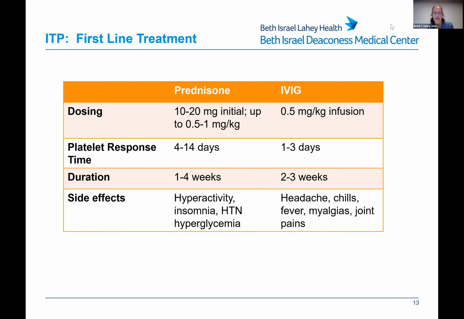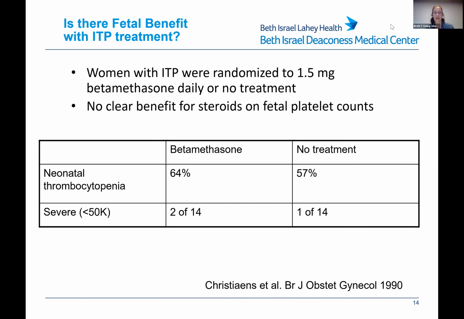And there are some patients that we know based on prior experiences that either IVIG or prednisone will work better. Some patients with ITP may not respond well to prednisone, whereas some are non-responsive to IVIG. So it's helpful to know that history for both you and the hematologist moving forward.